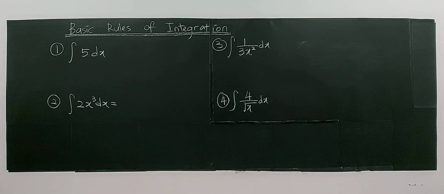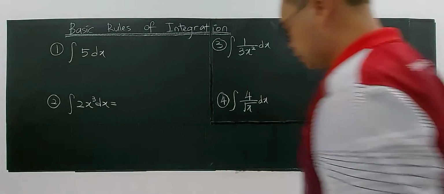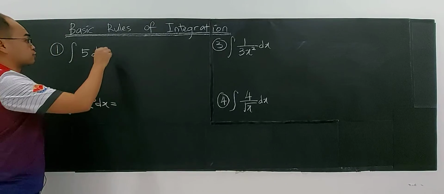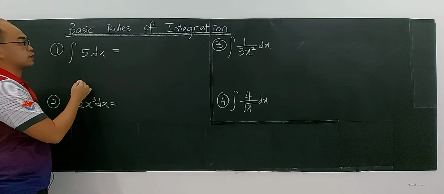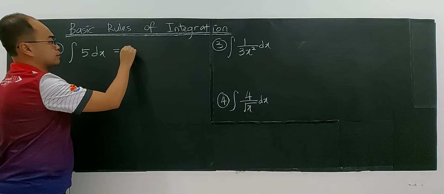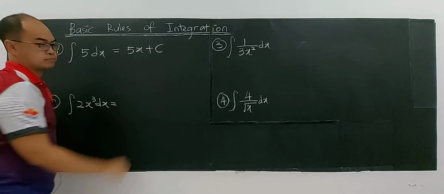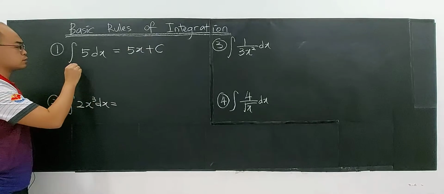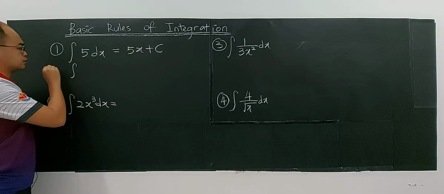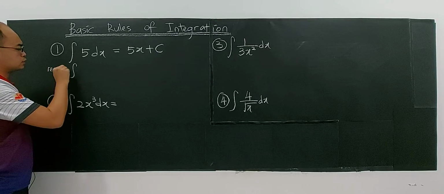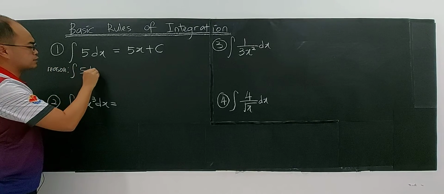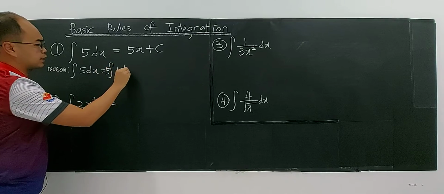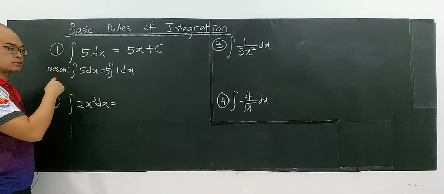All right, let's continue with these 4 basic examples. Just now I said that if you integrate a constant, you get 5x plus c. The reason is that if you integrate 5 dx, you can take out the constant 5, leaving the integral of 1 dx.